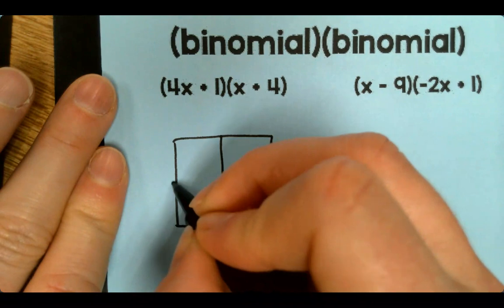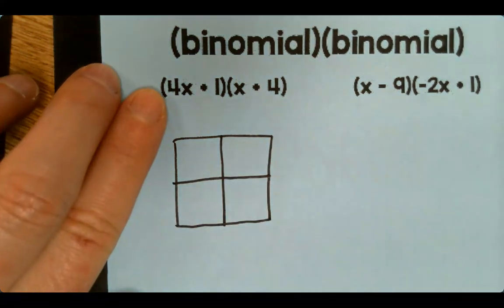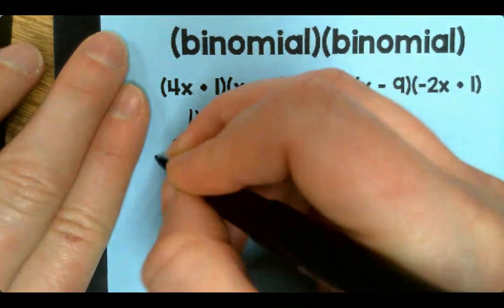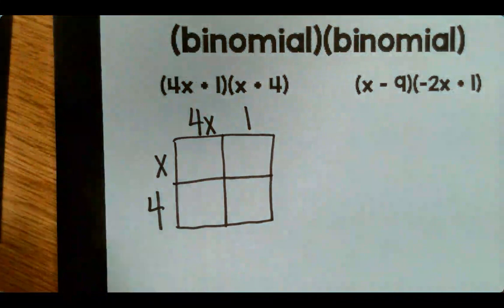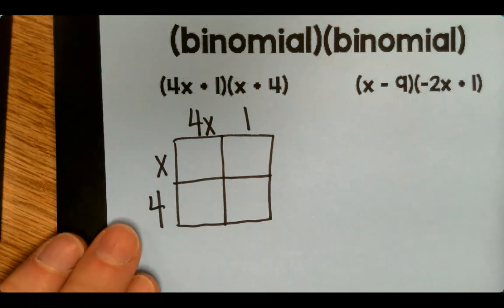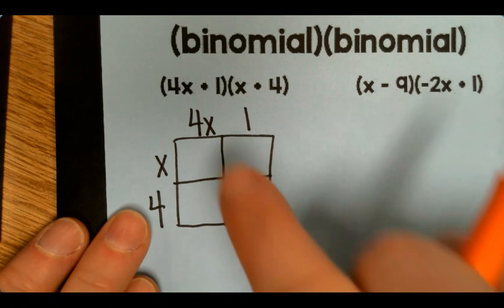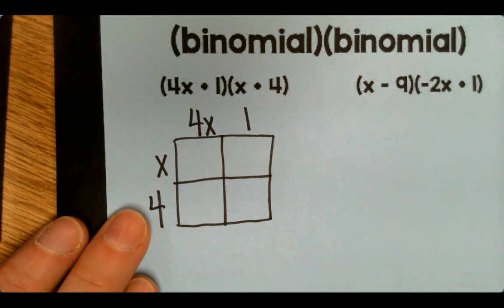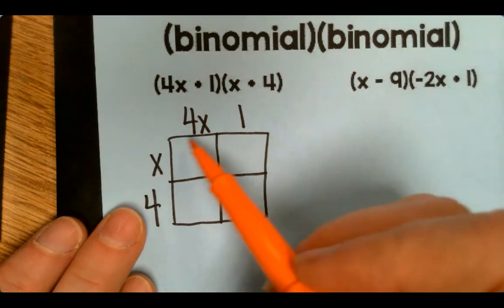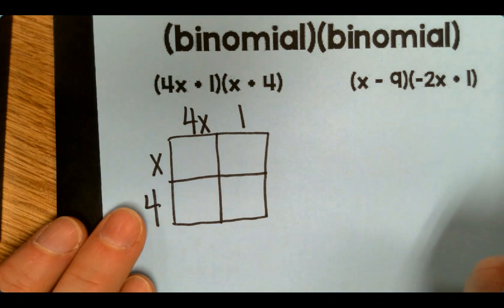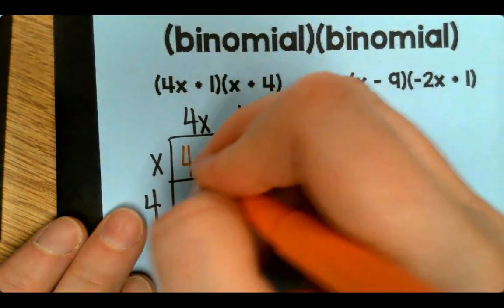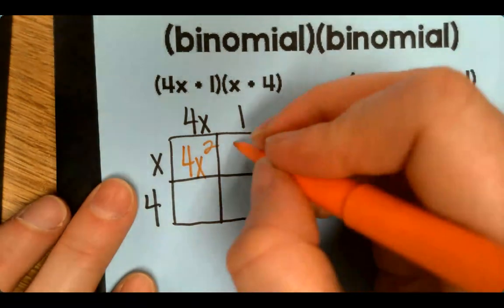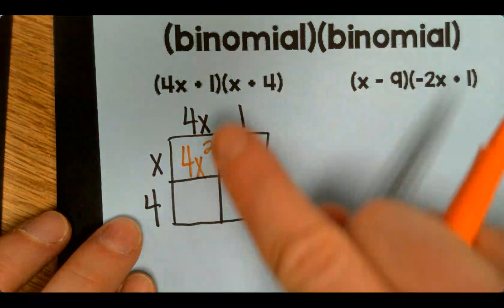So what's different here is that we have a coefficient of x in the first term. So it's 4x plus 1 and x plus 4. Nothing super different, but now 4x times x, right. 1 times x, 1x. 4 times 4x.